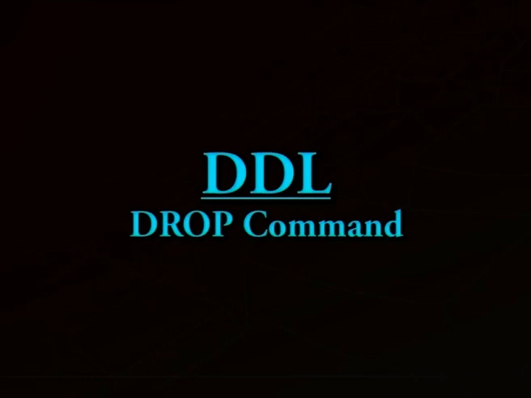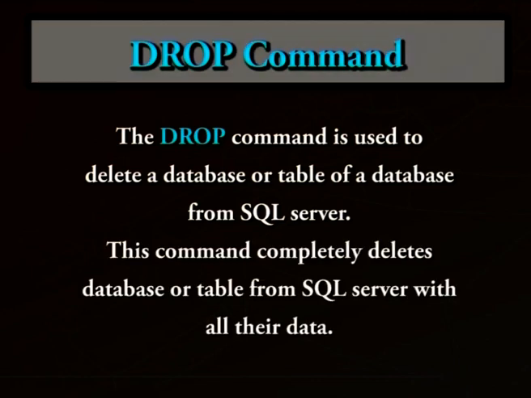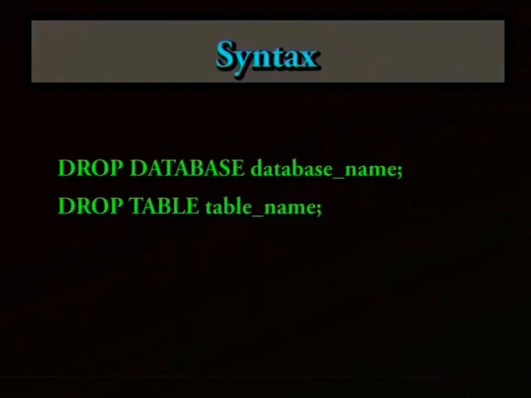The third and most rarely used command of DDL is the drop command. The drop command is used to delete a database or a table of a database from SQL Server. This command completely deletes the database or table from SQL Server with all their data. The syntax for deleting a database or table is as shown: drop database database name, drop table table name.